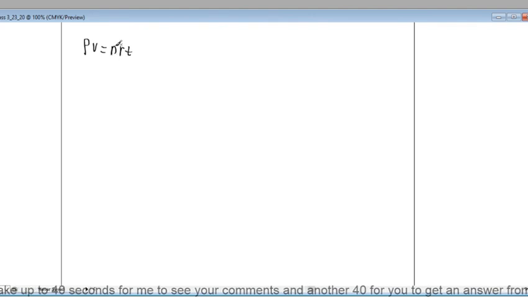Well, right now, n is being multiplied by R and T. We could divide by R, and then divide by T, but because these are both multiplying, we can do it in one step. So, since it's n times R times T, we can divide this by RT.